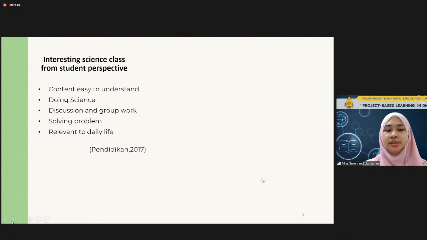And the students like to solve problems by themselves, so that characteristic of the science class can help the students relate the science content to their daily life.